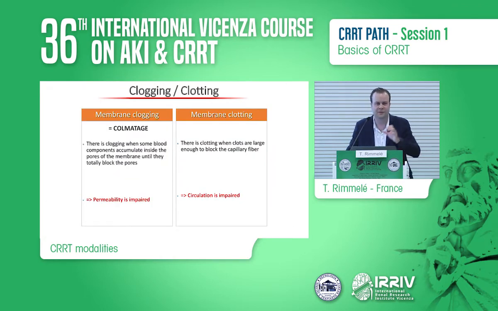This brings me to the difference between clogging and clotting. Again, this formation of the polarization layer, these proteins which are going to block the pores of the membrane, are going to decrease the size of the pores. It's called also colmatage. So this is when blood components accumulate inside the pores of the membrane until they totally block the pores.